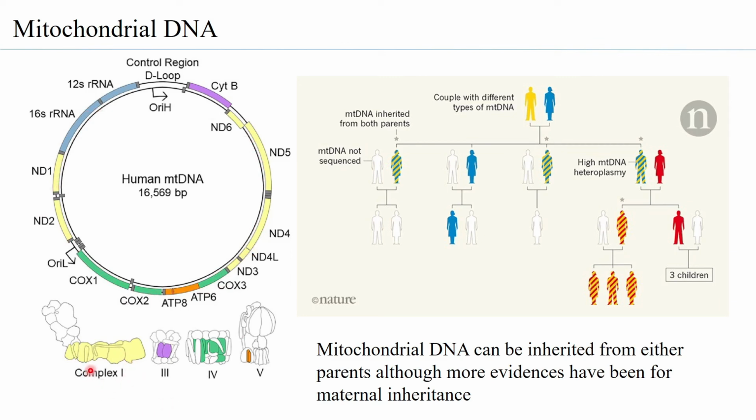Many of the proteins of complex 1, some of the proteins of complex 3, complex 4, and also the ATP synthase are synthesized by genes present in the mitochondrial DNA. So if there are mutations in these, then it can definitely affect ATP synthesis, and therefore many diseases have been associated with mutations in the mitochondria.